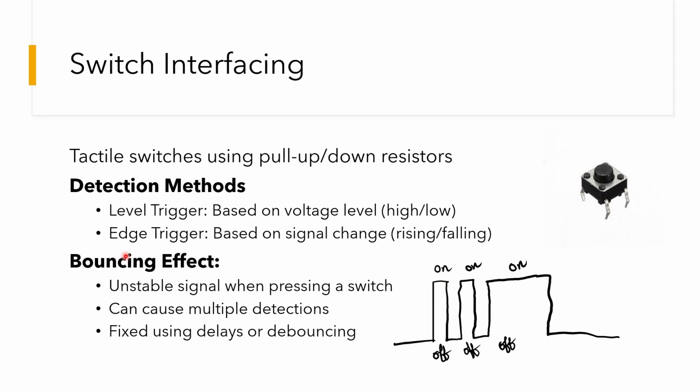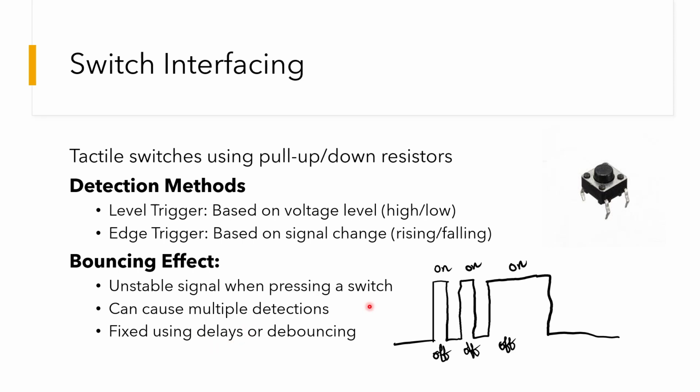Coming to these, there is a small thing to handle. One is the bouncing effect. So what is this bouncing effect? It is where multiple signals occur from a single press. So when you press the switch, there are multiple signals coming, which can cause multiple detections, which we don't need. To handle this bouncing effect, we basically use fixed delays.